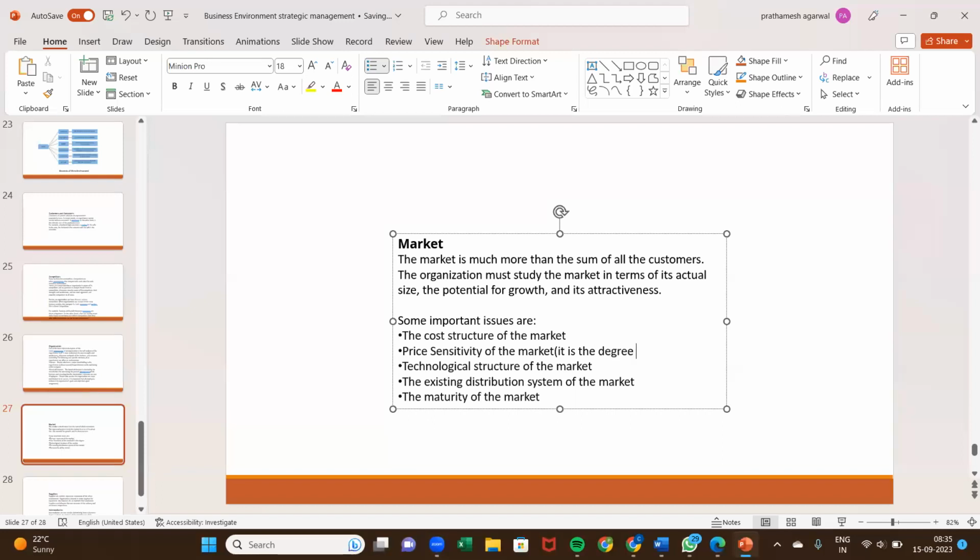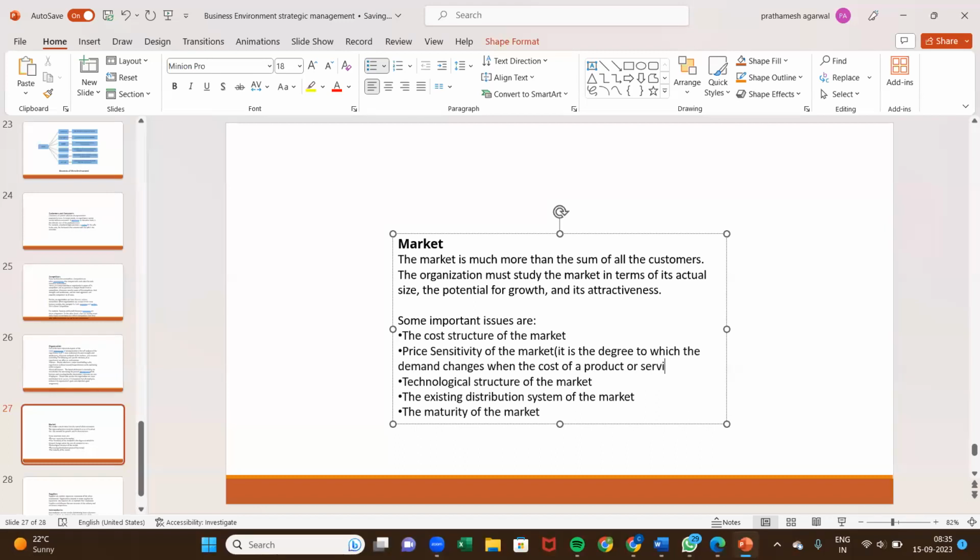It is the degree to which the demand changes when the cost of a product or service changes.